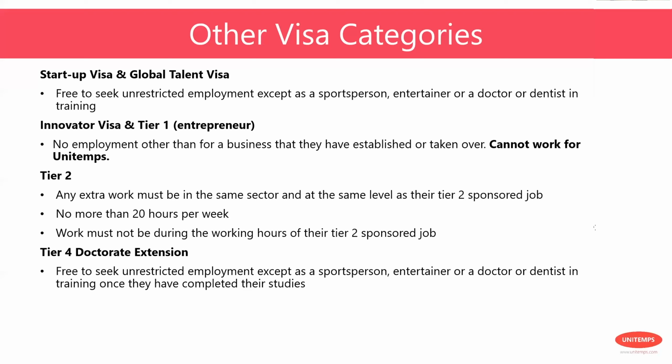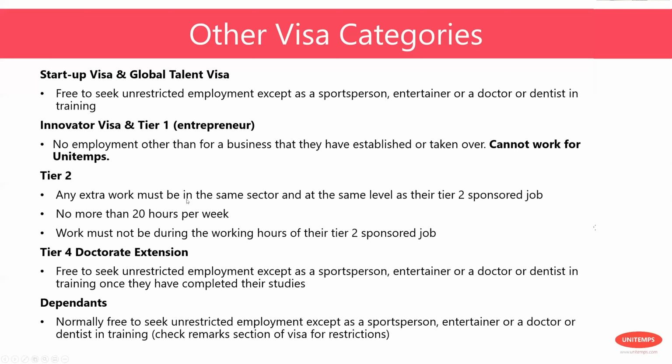These used to be issued just to PhD students after they completed, in order to stay for a little bit longer to try to set up a company themselves or find a Tier 2 sponsor. With the new visa changes and the switch to student visas, this is getting opened up to other levels as well. So we'll probably see more of these types of visas, but they'll have a slightly different name in the future.